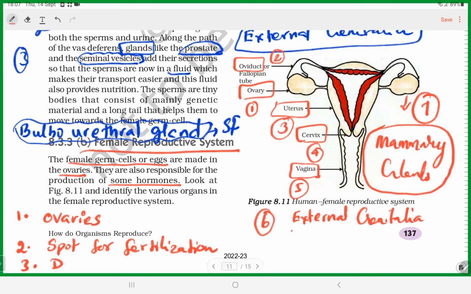The uterus helps in the growth and development of the fetus. There are 3 layers in the uterus. What are the 3 layers?